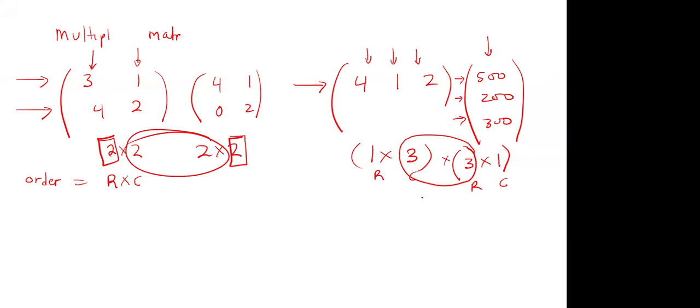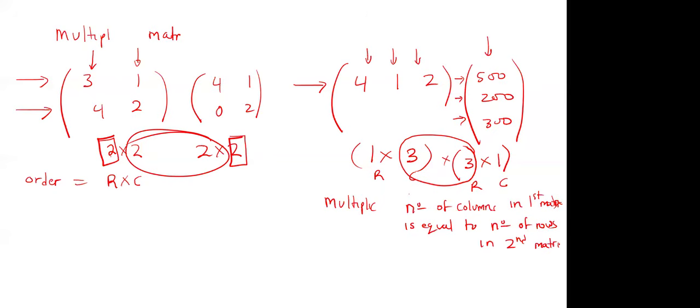The moment you find that the number of columns in your first matrix is equal to the number of rows in the second matrix, then it means that you can multiply those two matrices. So the condition for multiplication is that the number of columns in the first matrix must always be equal to the number of rows in the second matrix.